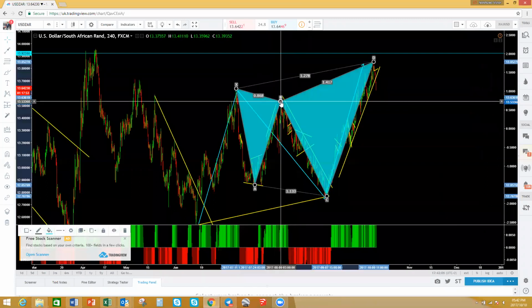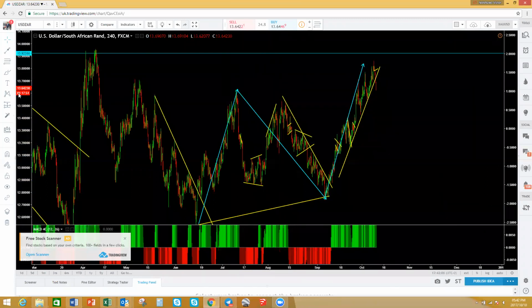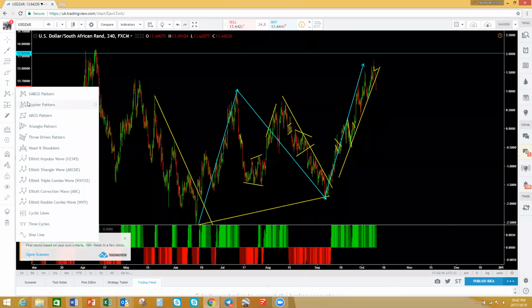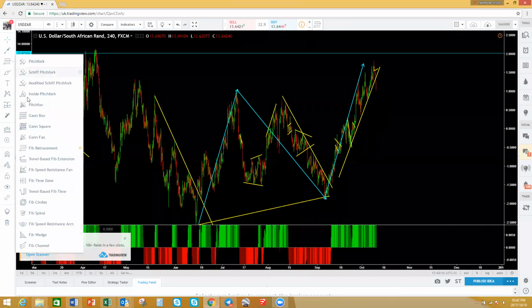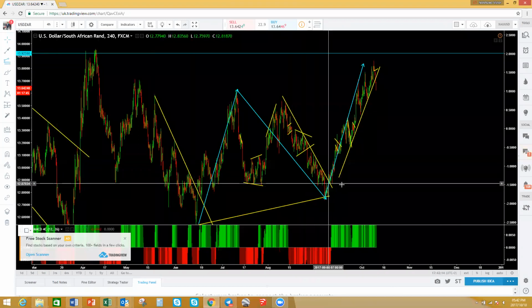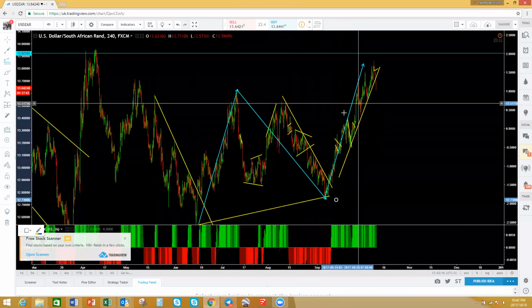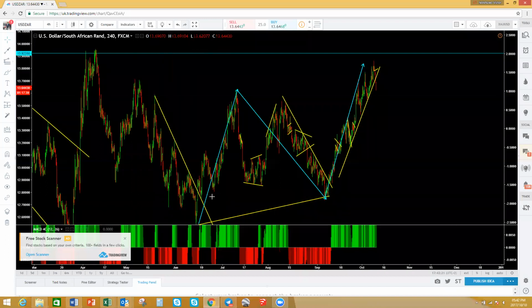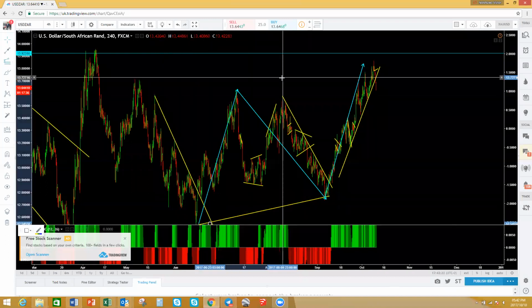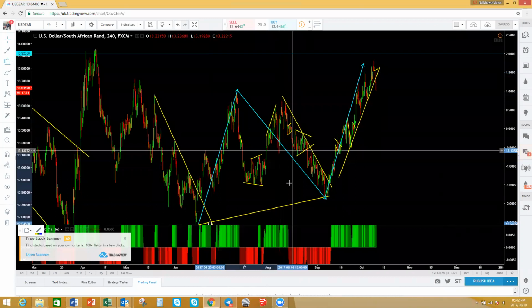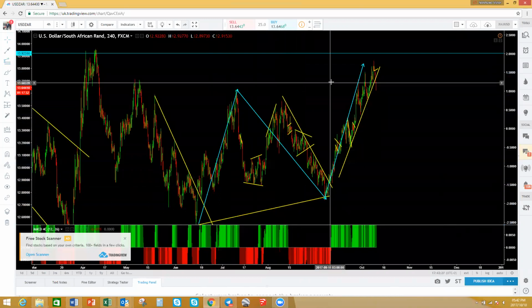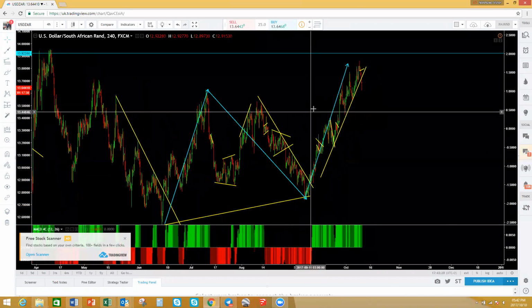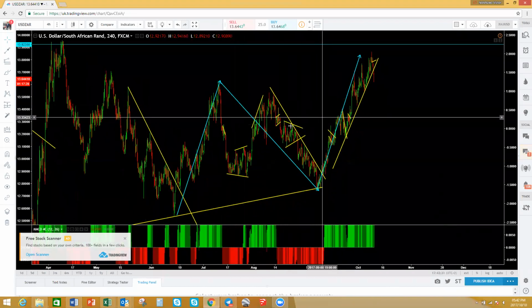Let's just look at it quickly. Let's check it with the extension. That one will be at equal legs. No, it does not make a butterfly. So the butterfly is not a valid pattern there.